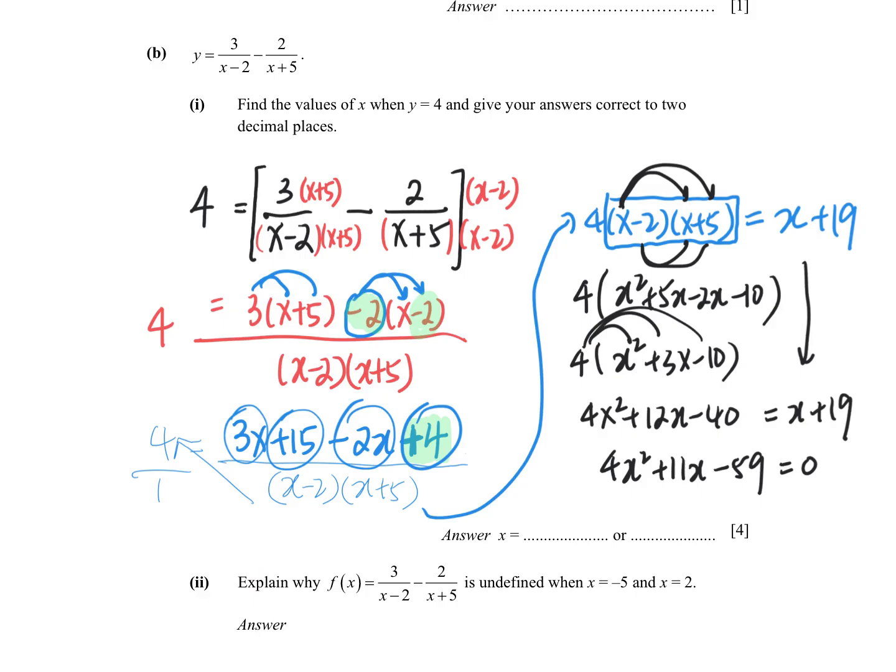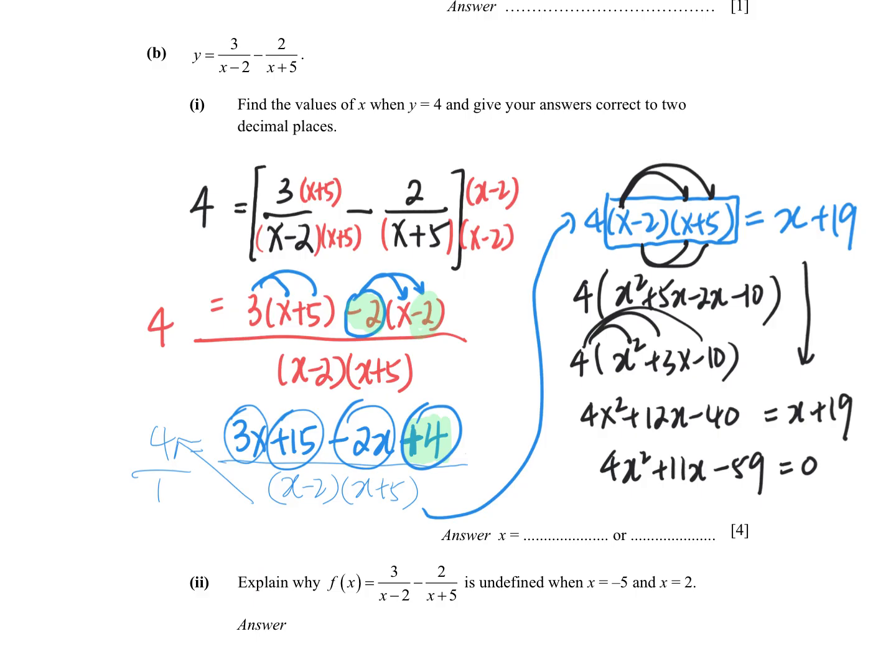Did I do something wrongly? Oh, I gave the wrong marking scheme. Minus 59, 11. It's not a nice answer. Okay, no wonder, cannot factorize.